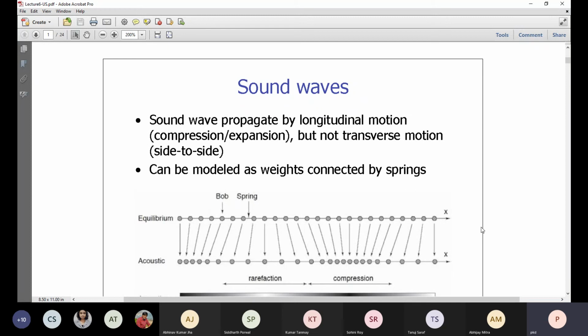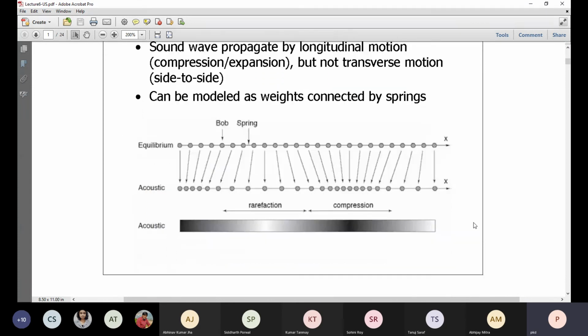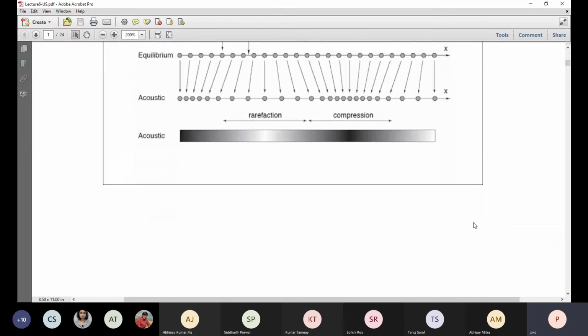And since ultrasounds have some distinct properties related to various body organs, therefore it can be used for imaging complementary information.